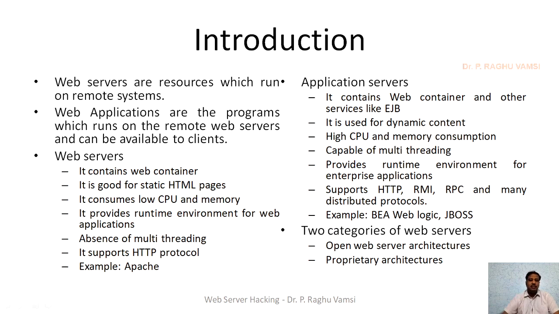The application servers will provide not only the functionality or resources to the web applications, but also the facility of distributed protocols or distributed things like Enterprise JavaBeans, remote method invocation, common object request broker architecture, and remote procedure calls. Many features in addition to simple web containers will be provided in the application servers.